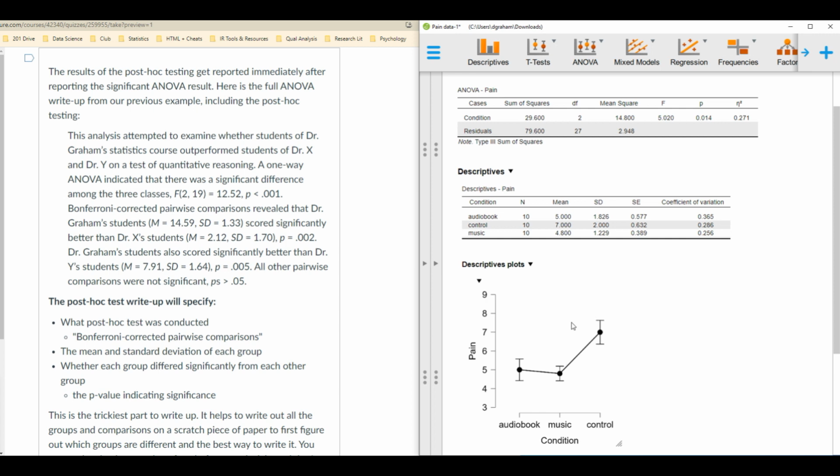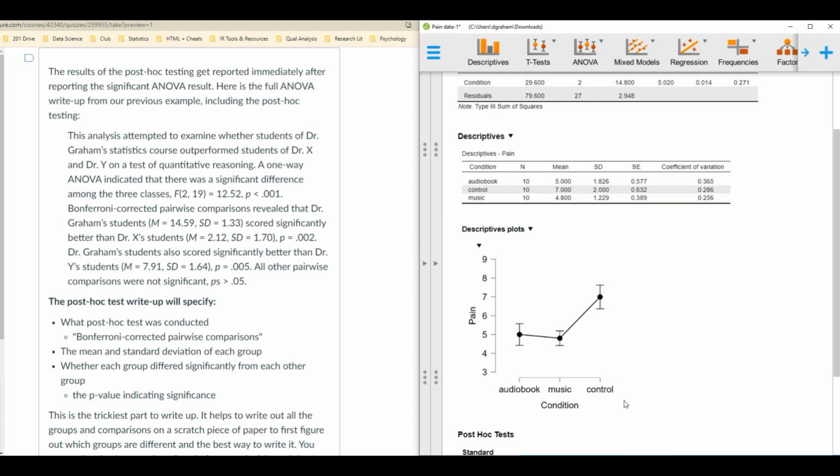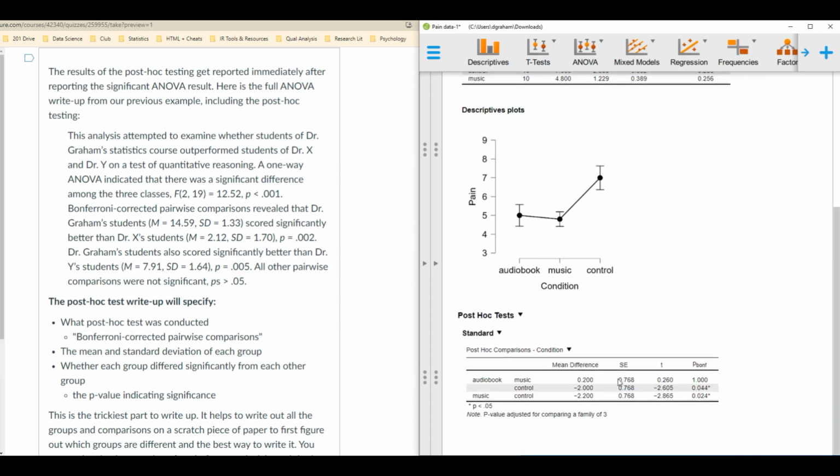Now, audiobook versus control, is that difference significant? And music versus control, is this difference significant? So the number of comparisons we do depends on the number of conditions we have, or the number of levels we have. In this case, we have 3. So ultimately, we're going to be making 3 comparisons.